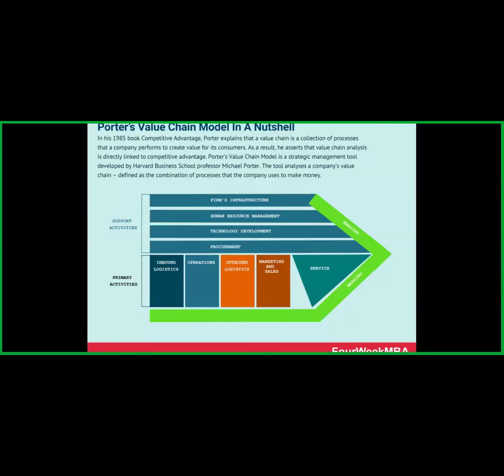And the reason is that if your primary activities are excellent, what does that mean? Your raw material should be excellent, your operations should be excellent, your product quality should be excellent, your marketing and sales should be excellent, your after sales services should be excellent. If all these things are excellent, then your profit margin will be more.